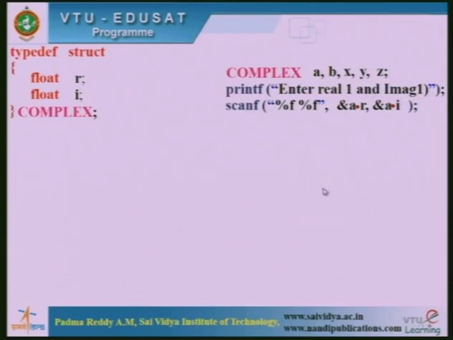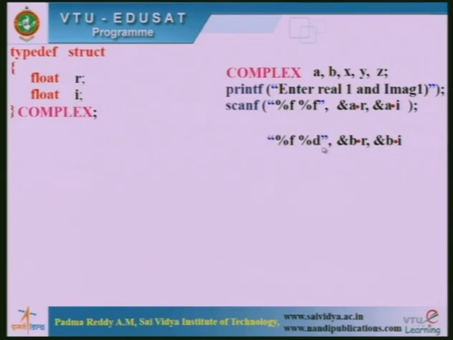After reading the first complex number, let me read the second complex number. The real part can be accessed using b dot r, and the imaginary part can be accessed using b dot i. Both are of type float here, so we use format specifier percentage f.